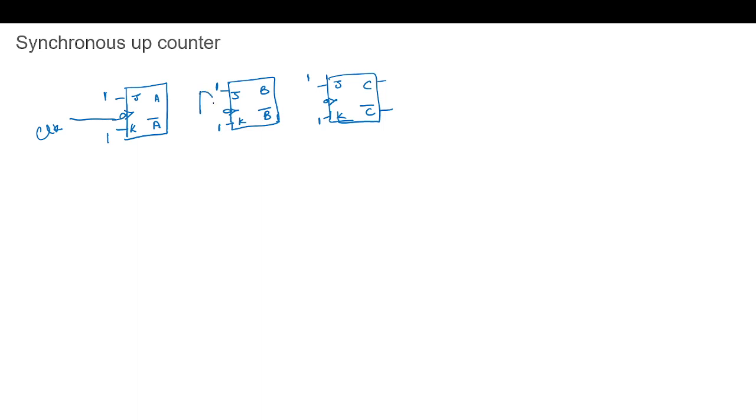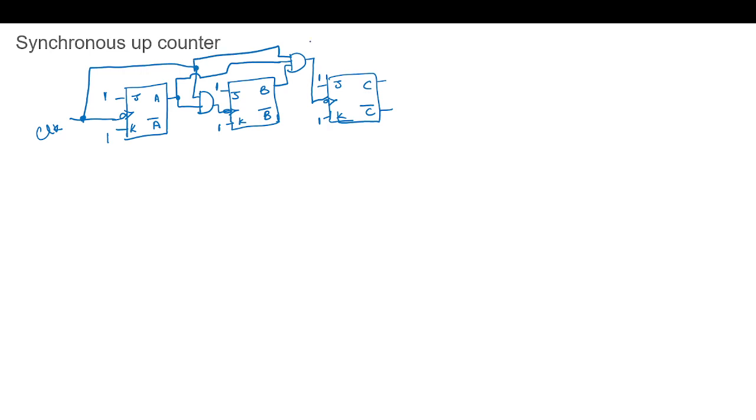So this is synchronous circuit. So I apply clock through AND gate, and this input is controlled by the clock. The other input is our A. The second flip-flop is controlled by AND gate, where A and B will be the input as well as the clock.